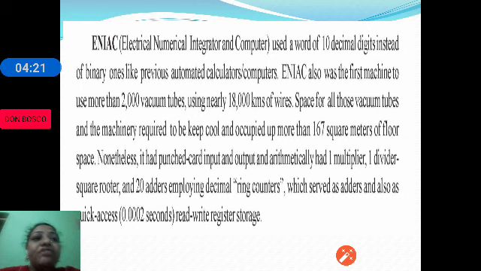ENIAC was the first machine. It used about 2000 vacuum tubes and 18,000 kilometers of wires. The space required for ENIAC was 167 square meters of floor space. It had punched cards for input and output. It could divide and multiply different numbers.